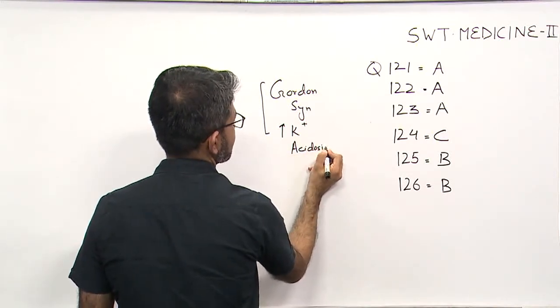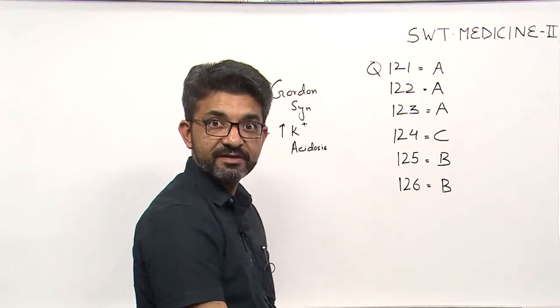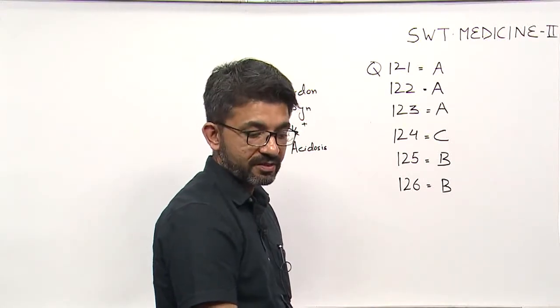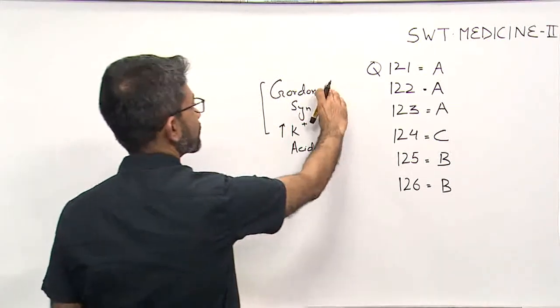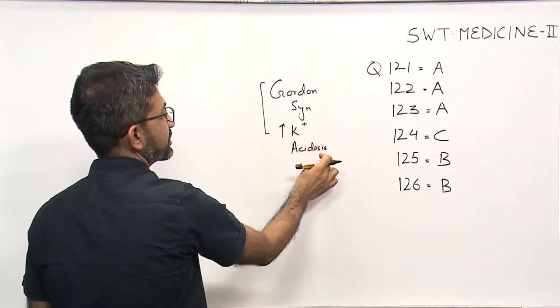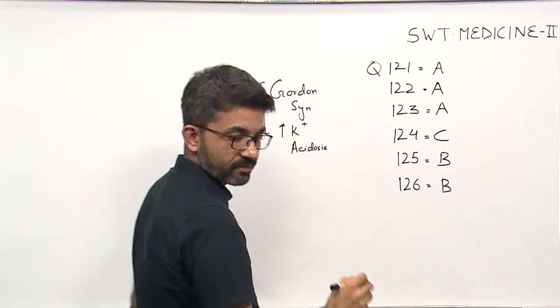So, remember, out of Bartter, Gitelman, Gordon and Liddle syndrome, only Gordon syndrome will have increased potassium and acidosis.